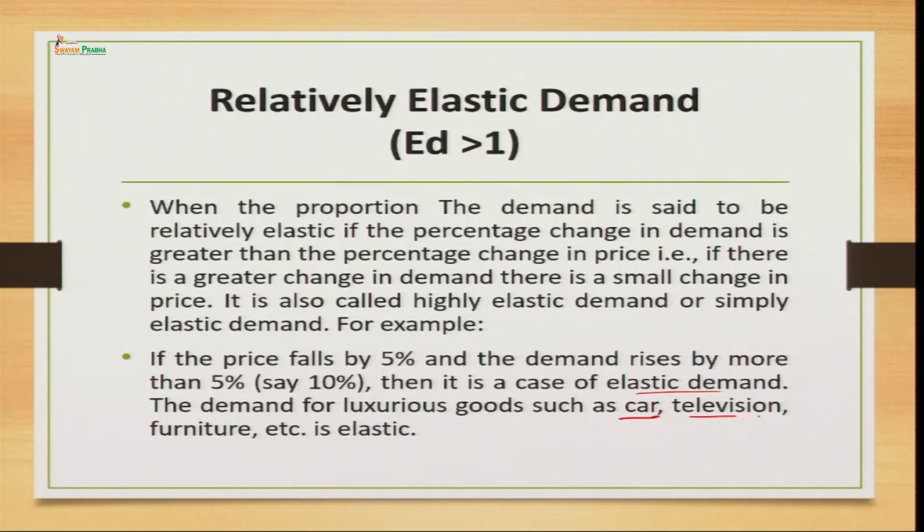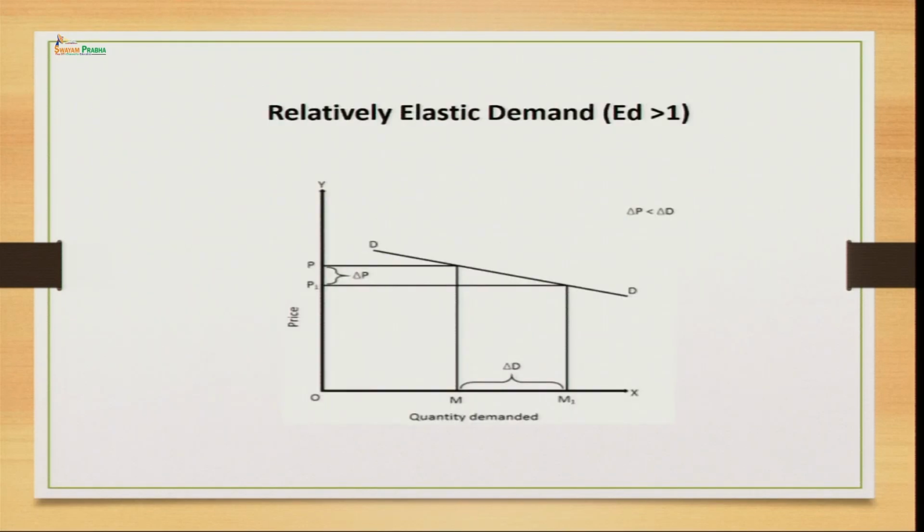Usually in the case of luxurious items, whenever their price decreases, their demand increases more than the proportionate change taking place in the price of that commodity, right. Like the example of car you can take, television, furniture. So, in these cases your demand is relatively elastic, and when we represent it on the graph, we represent it in this way, where you can see clearly a lesser change in the price causes more change in the quantity demanded. Therefore, the elasticity is always greater than 1.